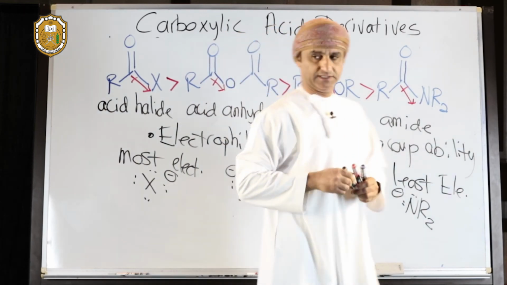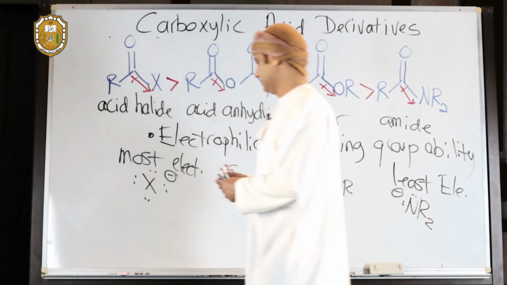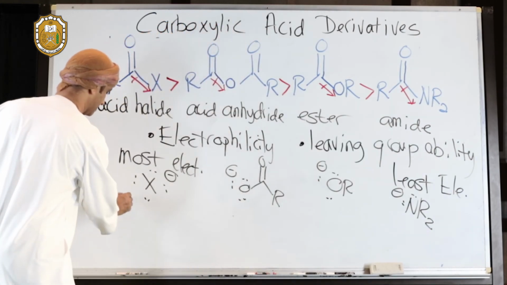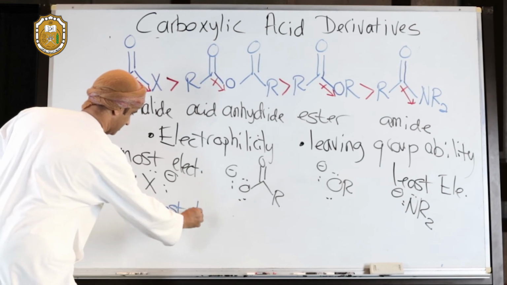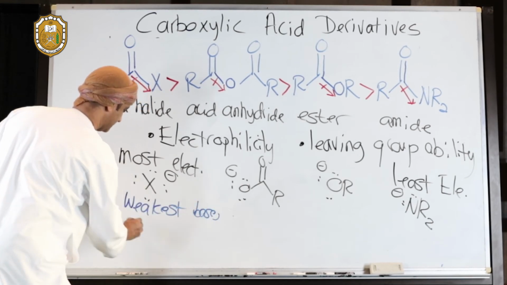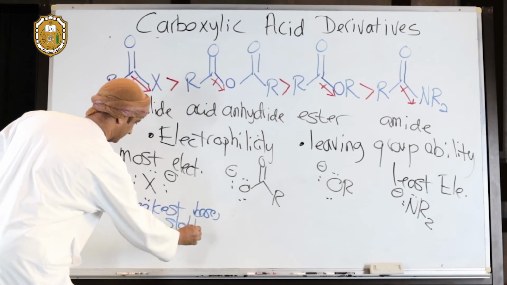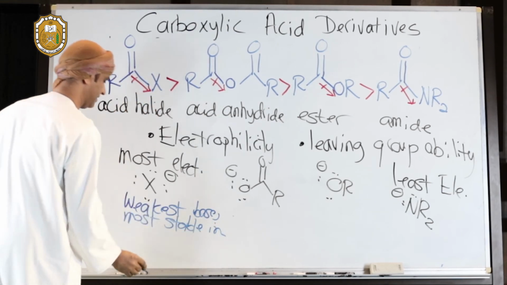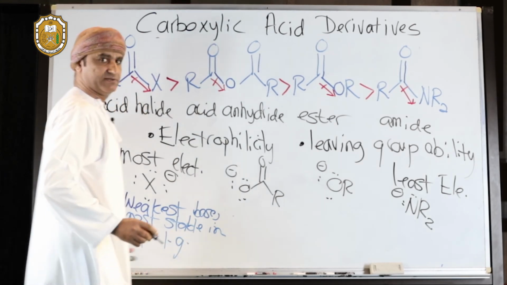Amongst these leaving groups, X minus or halides in general are the best, because they are the weakest bases, the most stable ions, therefore the best leaving group.